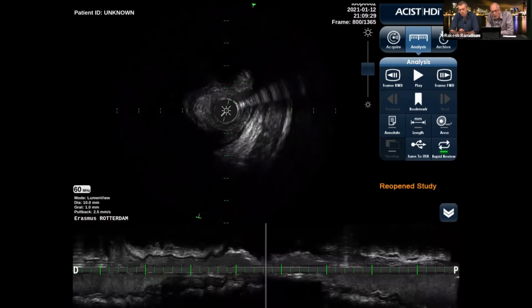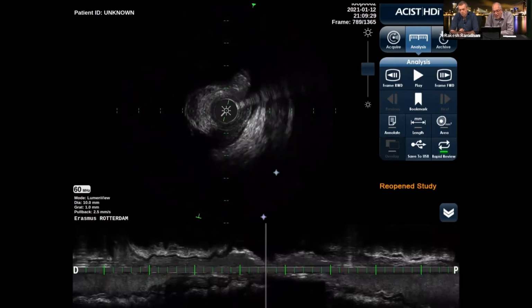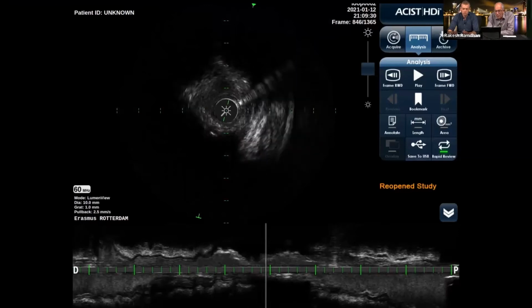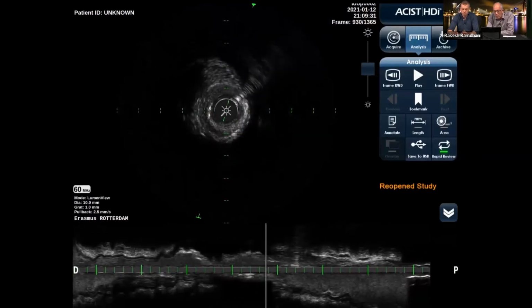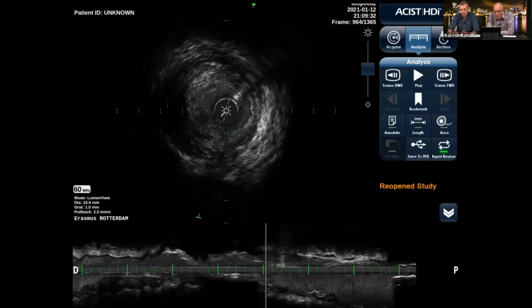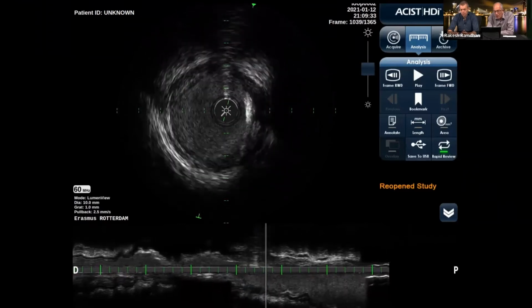And here we still have a minimal luminal area, and around this there is also some slow flow around the catheter, some turbulent flow in there, still plaque and a small lumen, and we can even appreciate here a small dissection. And here we're outside again.